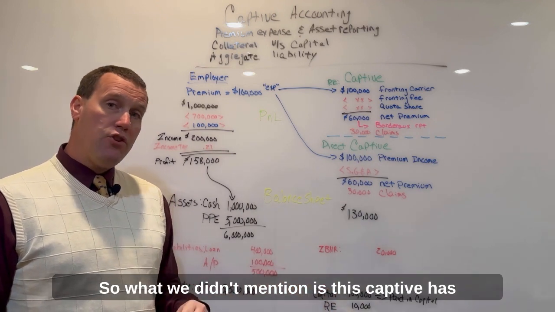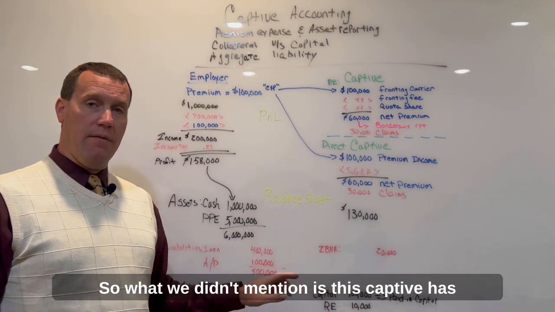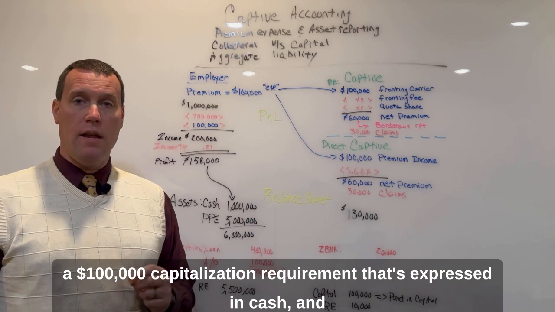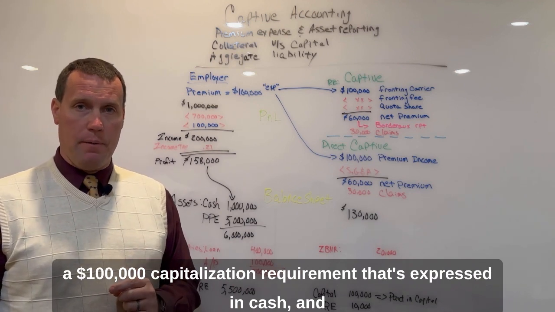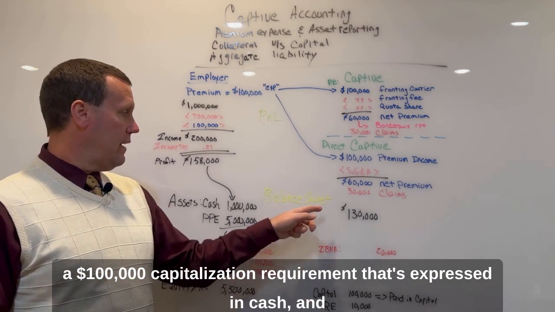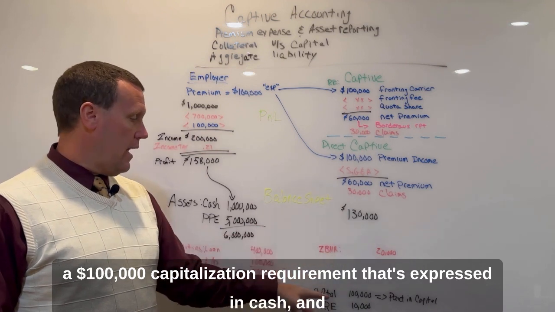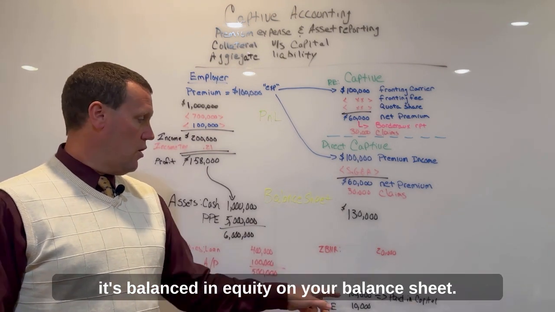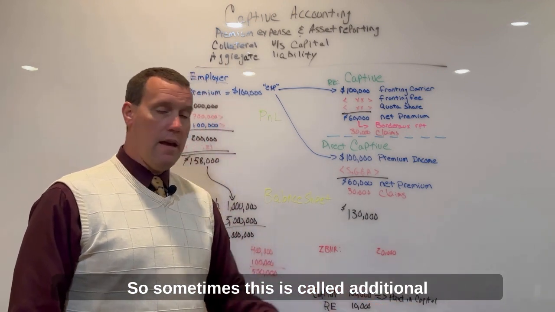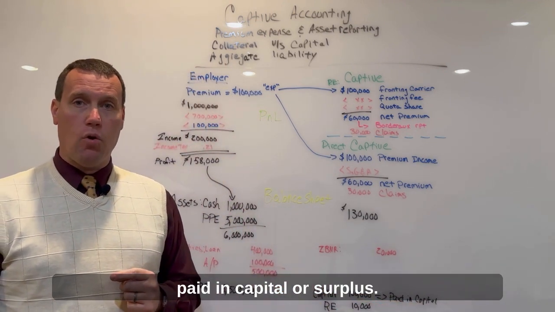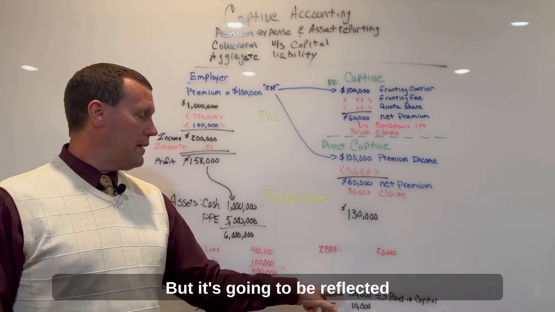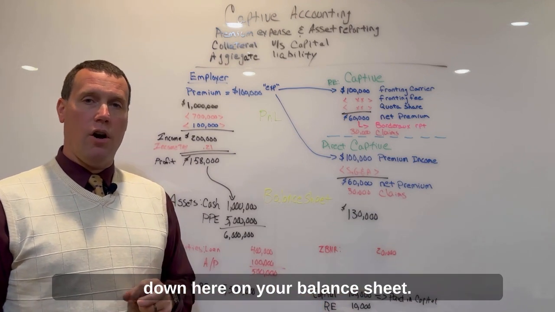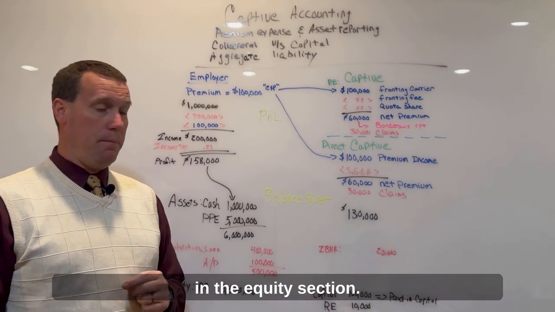So what we didn't mention is this captive has a $100,000 capitalization requirement. That's expressed in cash and it's balanced in equity on your balance sheet. Sometimes this is called additional paid in capital or surplus, but it's going to be reflected down here in the equity section.